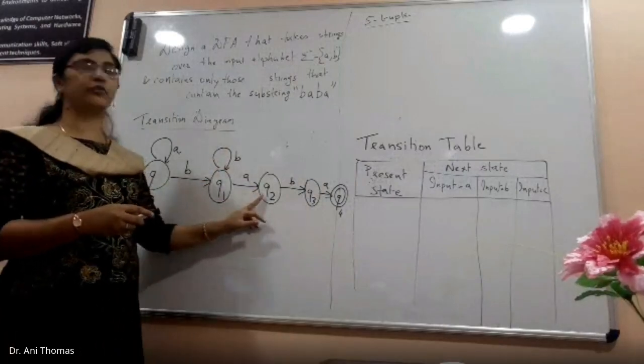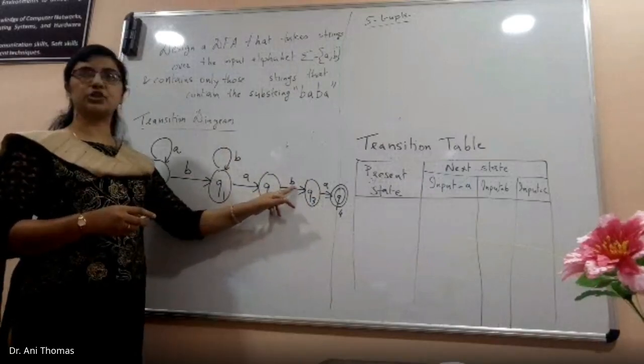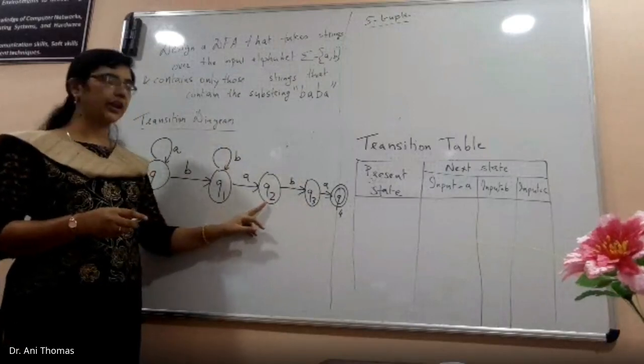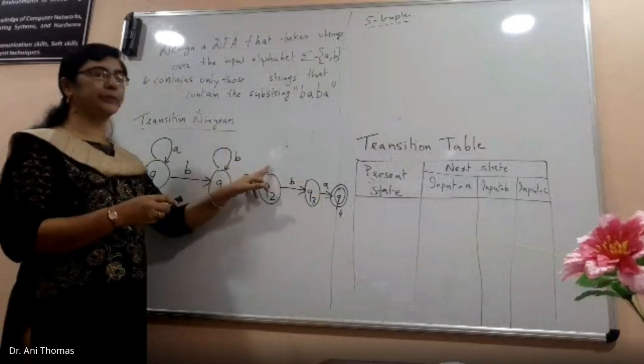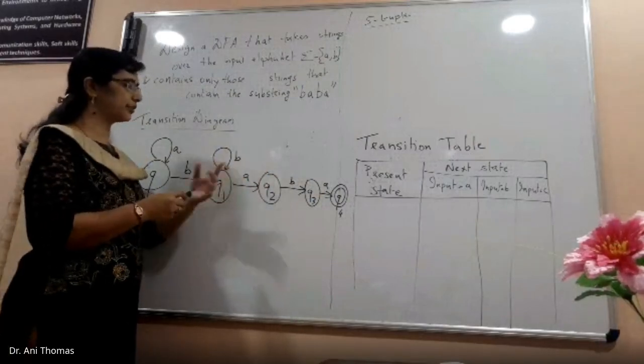Now we'll consider Q2. Q2 has the transition line for B. Now what about the transition line for A? Can we put it here? If we put A over here, what sequence will it take?